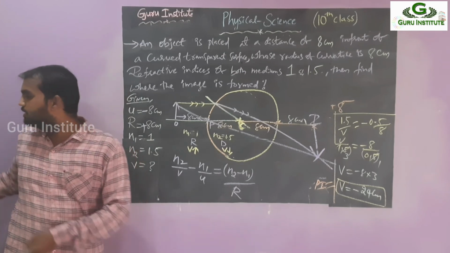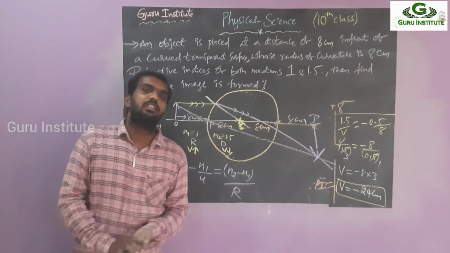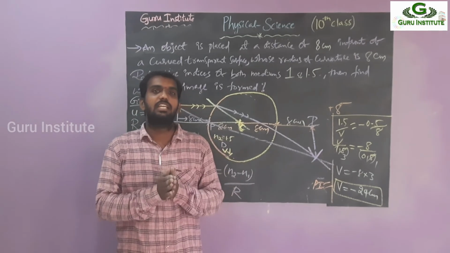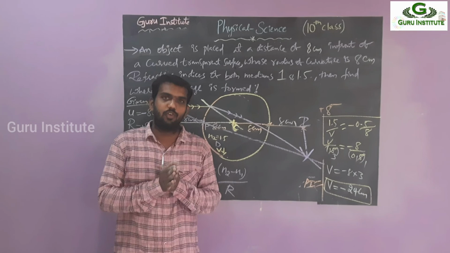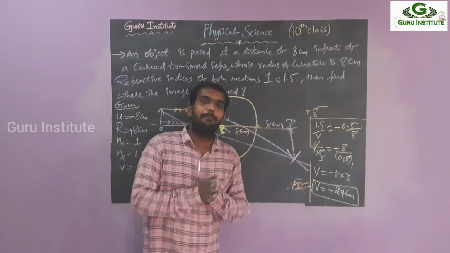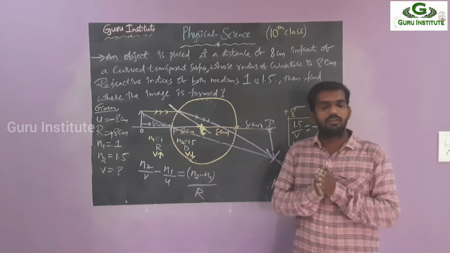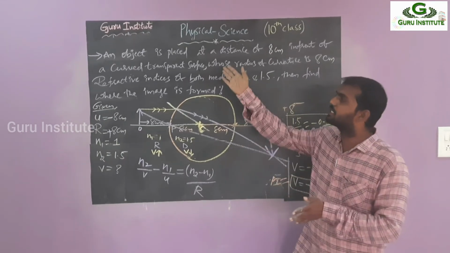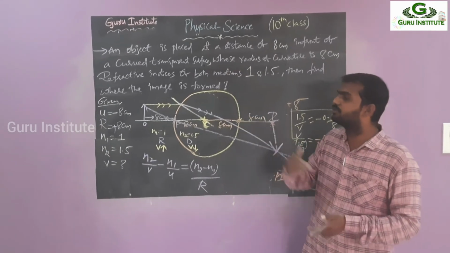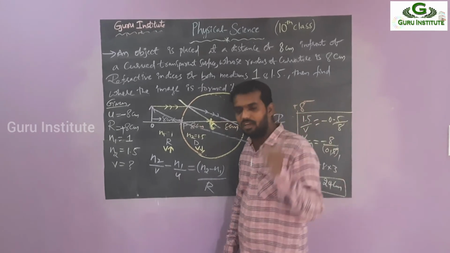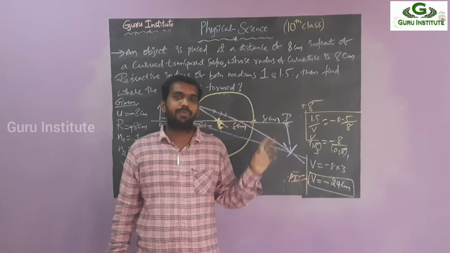Okay, children, this is about today's topic. In this topic, we have discussed four formulas in total: lens formula, magnification, lens maker's formula, and this curved surface formula. This curved surface formula is a little bit different. For all of these, remember only one thing. First, write the data. Then draw the rough picture.